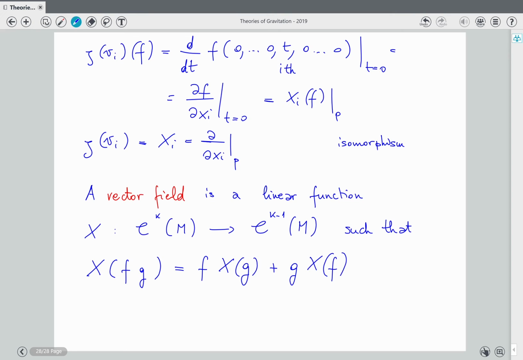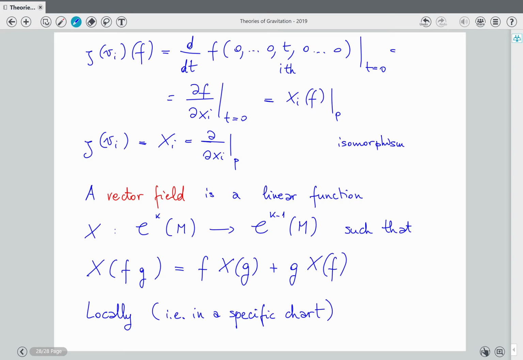And for that to work, first we have to see how to write this object in coordinates, which will be very similar to what we have just done, and then how to transform it from one set of coordinates to another one, so from one chart to another. So locally, which means in a specific open set, in a specific chart, this is a derivation.